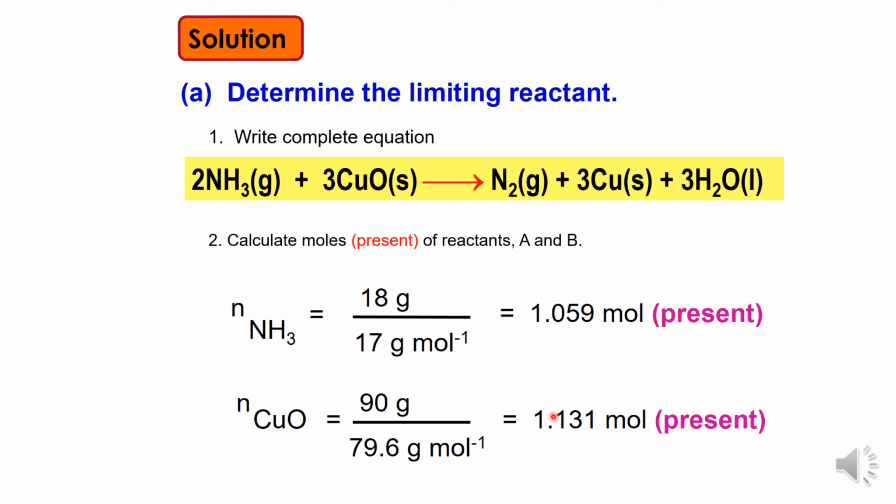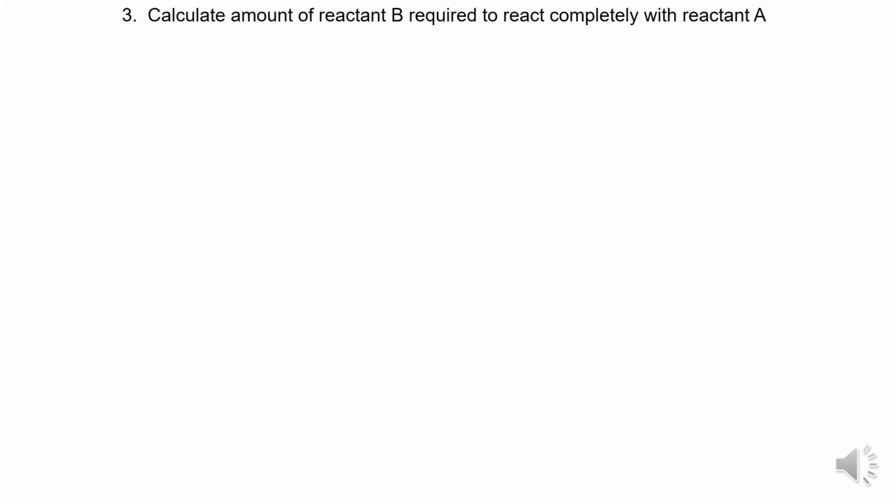So the answer is 1.131 mole. Next, calculate the amount of reactant B required to react completely with reactant A.